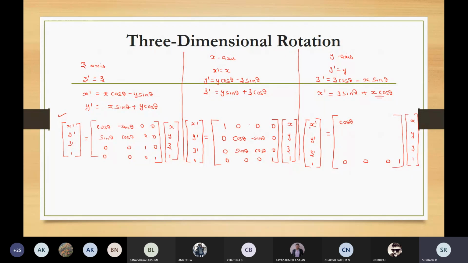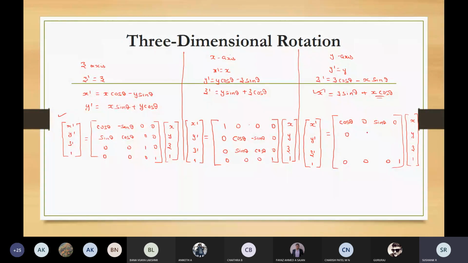X dash is equal to x cos theta, 0 for the y component. Again for z, it is positive, which means it will be sine theta. So x dash is equal to x cos theta, 0, plus z sine theta. The other term will be 0. Similarly, this equation we got. So y dash is equal to y, which means that here 0 into x will be 0.